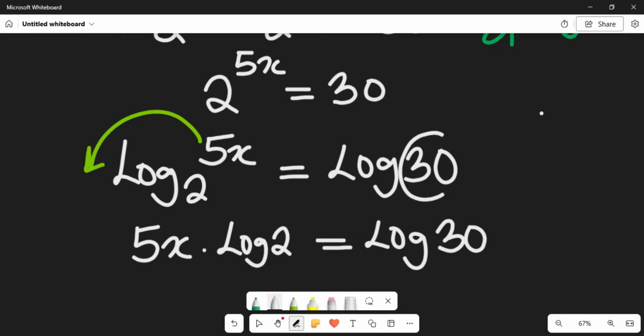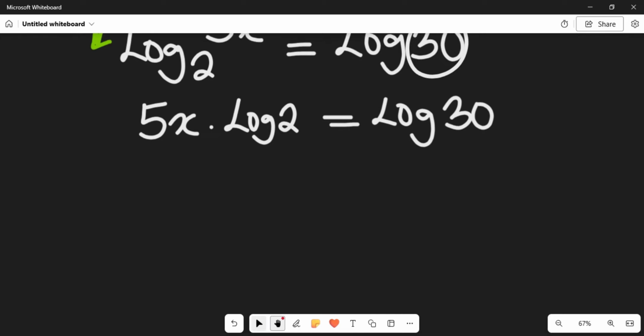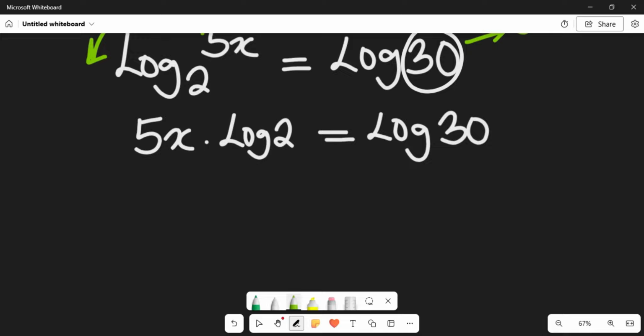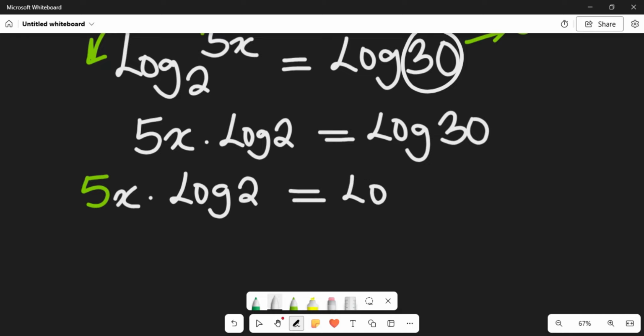Now, look at this expression very well. You realize that this 30 can easily be equal to 3 multiplied by 5, right? If 30 can easily be equal to 3 multiplied by 5, that means we can reduce that expression. So I'll have my 5x multiplying the log of 2, and this can be equal to the log of 3 multiplied by 5.